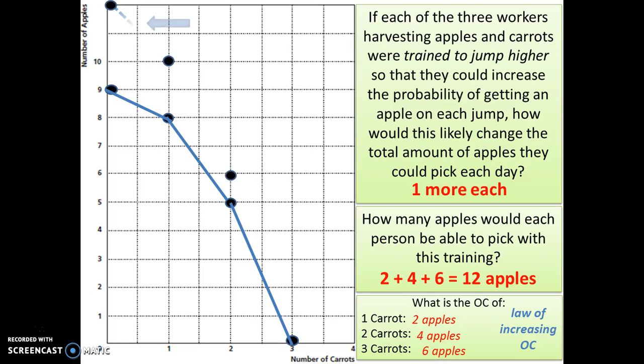We graph those, draw the PPC, and we see an increase in productivity. Notice that it only increases productivity for apples and not carrots, because the skill only affects their ability to pick apples. It doesn't do anything for collecting carrots. So it's a good example of how a change in skills, technology, or resources affects one good and not the other.